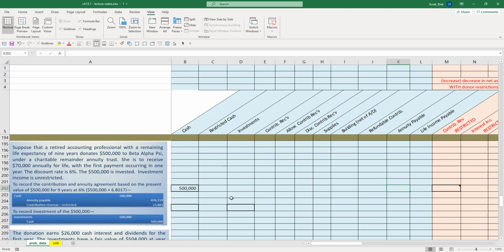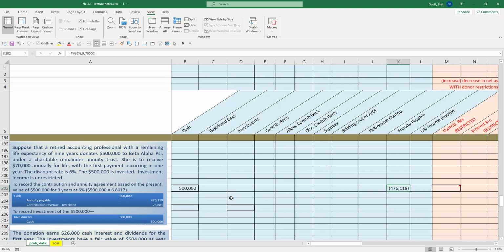So if we look at the present value at a 6% rate for the next 9 years, and that's a key number. If there's no end date, we just consider this unrestricted. There's an end date in mind, so 9 years, and it's going to be $70,000 per year. The present value is $476,118. And they told us 119, off by a buck here.